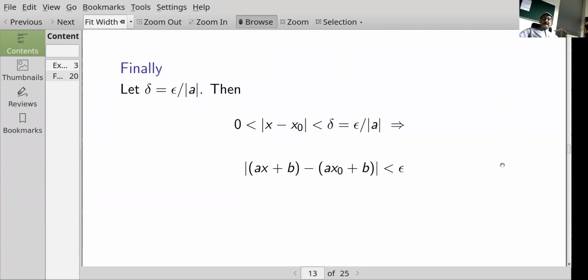Okay, so let delta equal epsilon over absolute value of a. Then 0 less than absolute value of x minus x naught less than delta equals epsilon over absolute value of a implies that the absolute value of ax plus b minus the claimed limit ax naught plus b will be less than epsilon. And we're done.